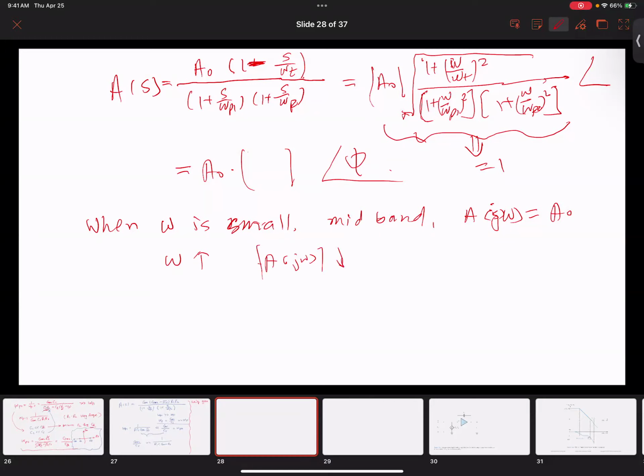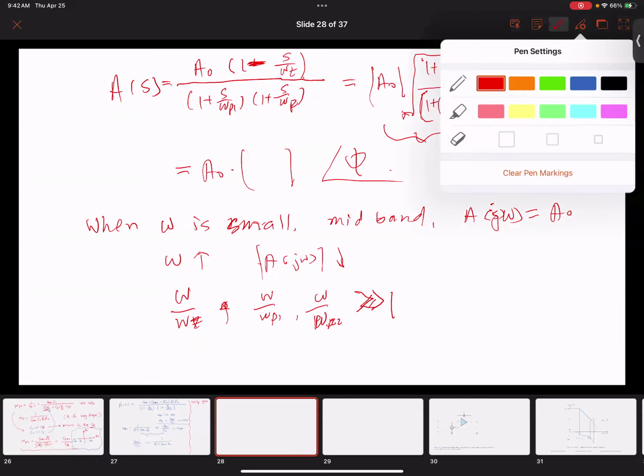When omega increases, it becomes high frequency, and the gain A is going to decrease. Why does it decrease? Because you have omega at the numerator, but two omegas at the denominator. So omega over WZ, omega over WP1, omega over WP2 are much larger than 1 when omega increases.